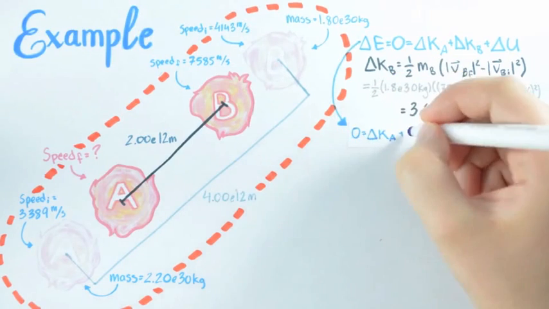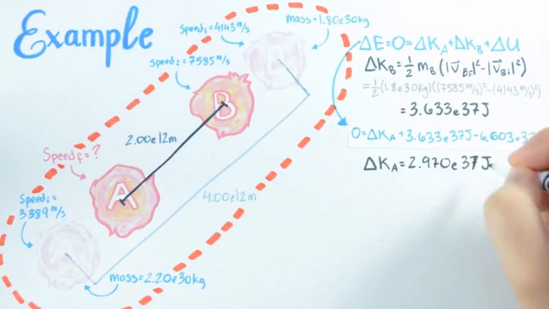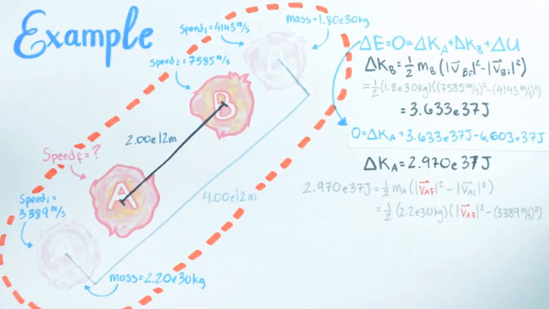Now let's put this into the energy principle and we can solve for the change in kinetic energy of star A. We can see here that this is also positive, so the loss of potential energy of the system is shared by both stars as gains in their kinetic energies. From this we can find the final kinetic energy of star A, and then from this the final speed, which answers the question we posed in the original problem.